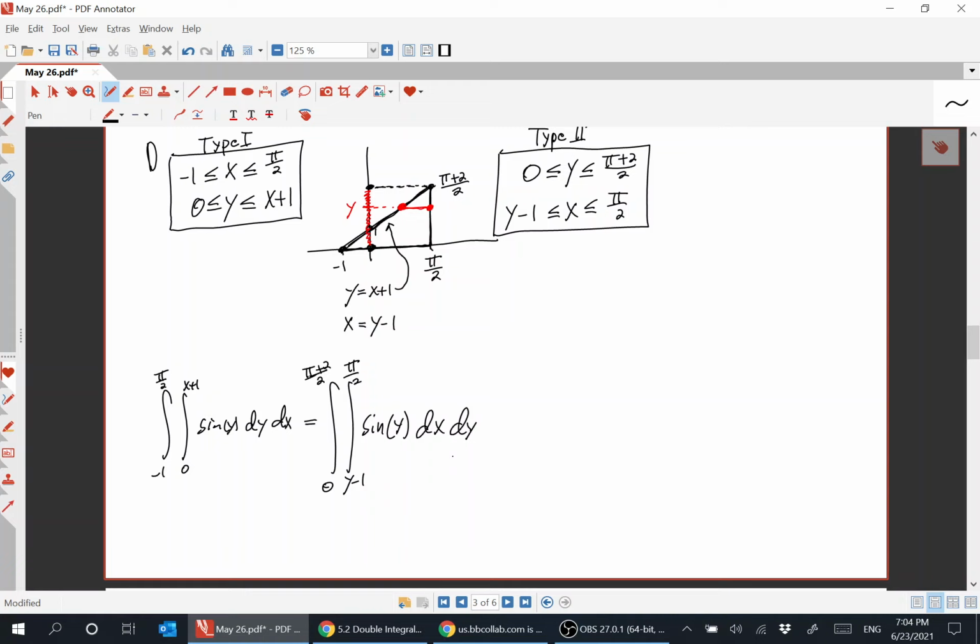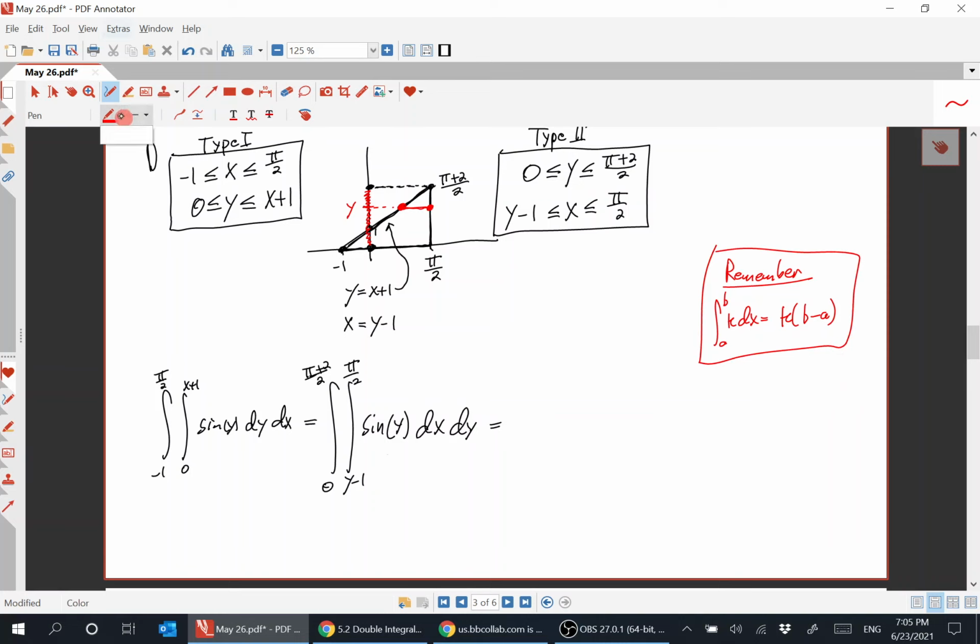Now we take the antiderivative with regard to x. There are no x's in this, so that's just a constant. So it's just the constant times the length of the interval, pi over 2 minus y minus 1. Remember, the integral from a to b of k dx is just equal to k times b minus a.